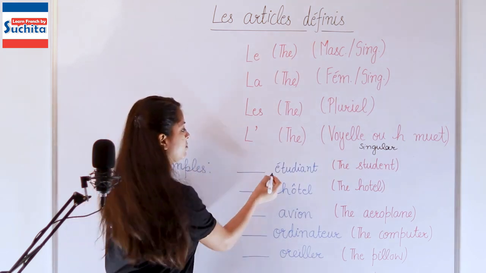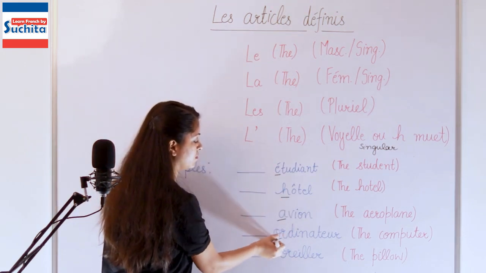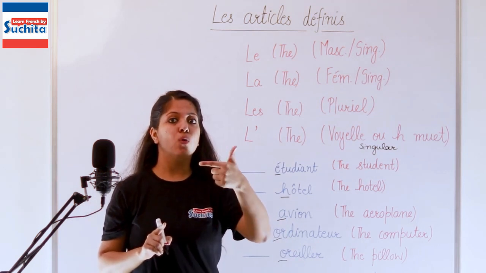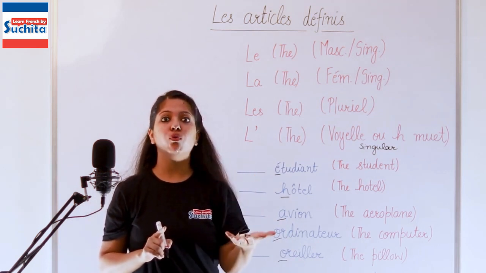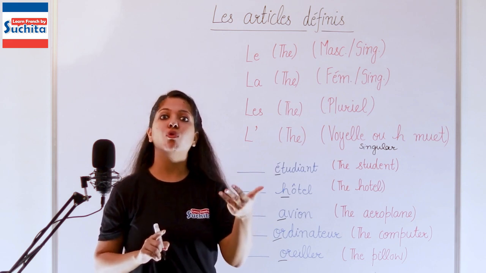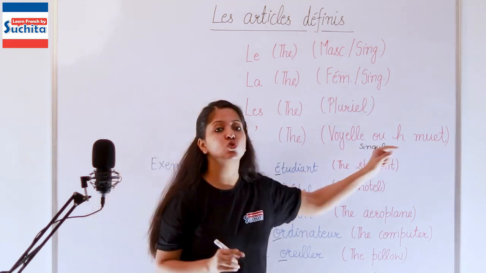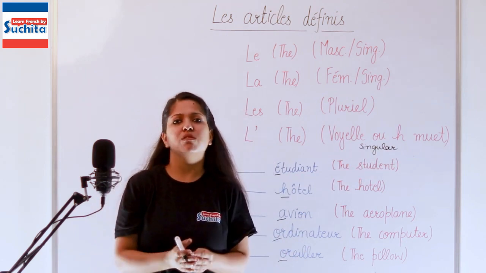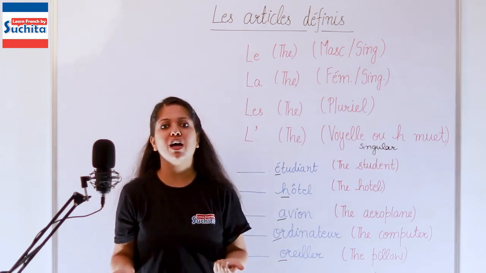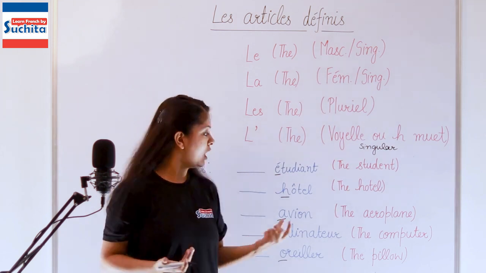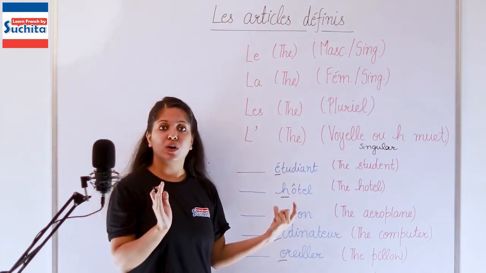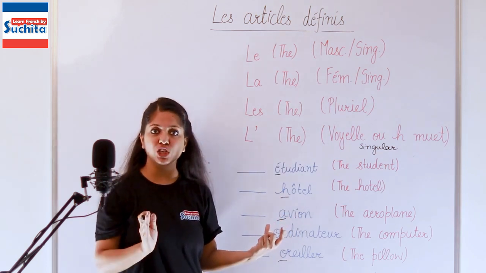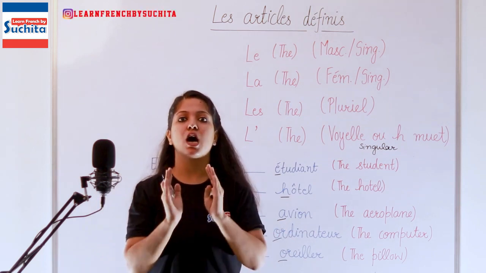In this case, the vowels are A, E, I, O, U, and the letter H which is mute. You don't pronounce it. So even that is counted as a vowel only because you don't pronounce it. So if the word is singular and begins with a vowel or the silent letter H, in that case apply L apostrophe.